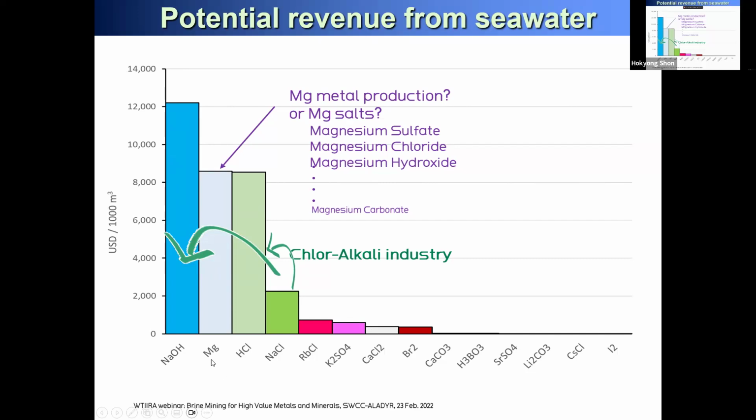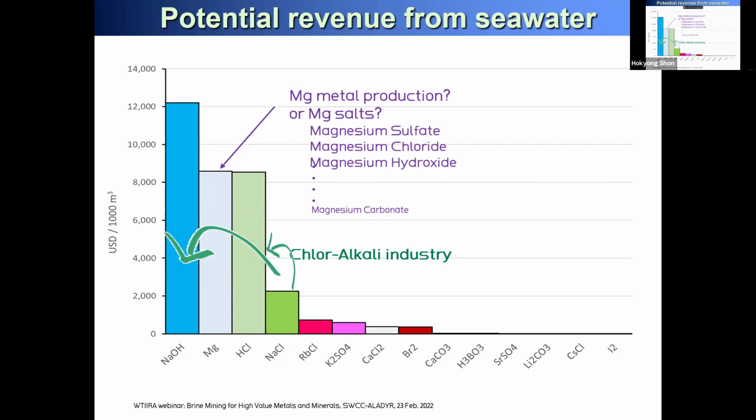Second one is magnesium metal. Magnesium metal can be a good value of $8,000 for 1,000 cubic meters of seawater brine, followed by HCl and hypochlorite, and then sodium chloride, rubidium chloride, potassium sulfate, calcium chloride, bromine, calcium carbonate, and followed by lithium, cesium, and iodine.